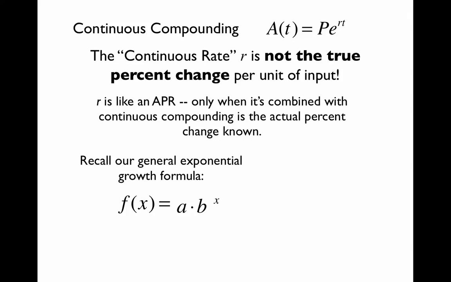This was our standard exponential growth formula. And you notice that's looking a lot like this continuous compounding formula. In fact, we can now write it in this equivalent form. So now we have two ways to write exponential growth: the original form, and now what we call the continuous form.